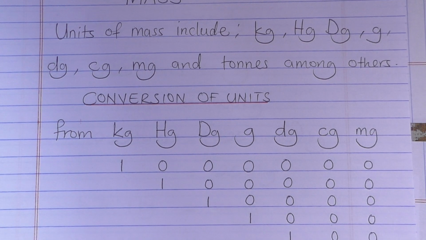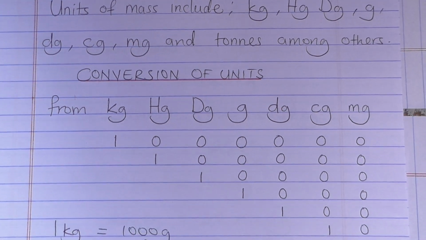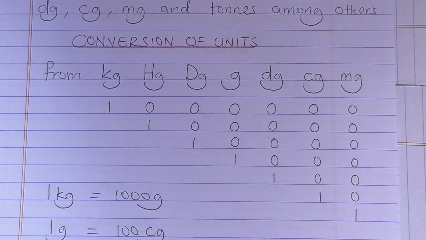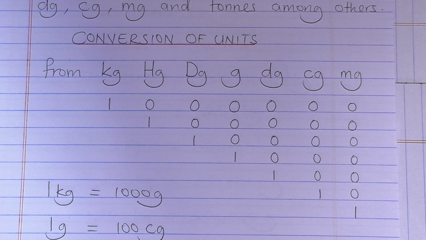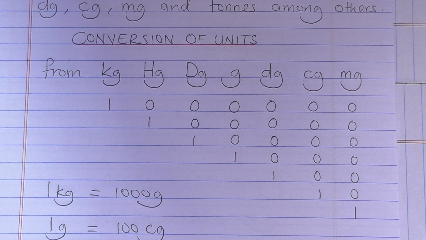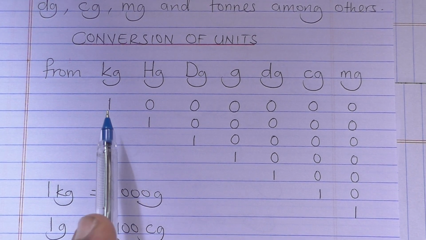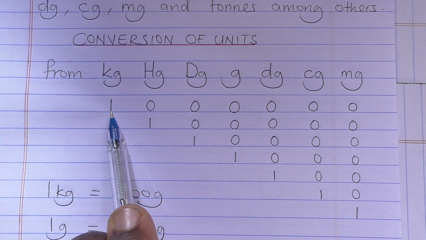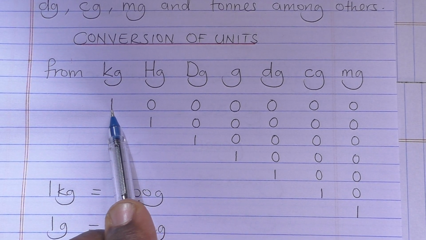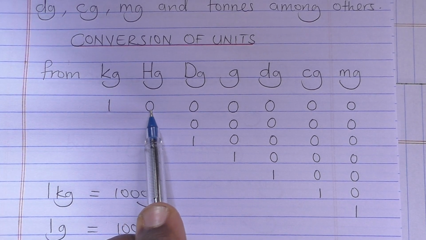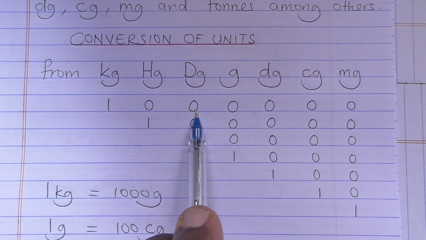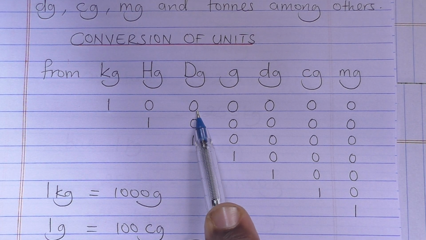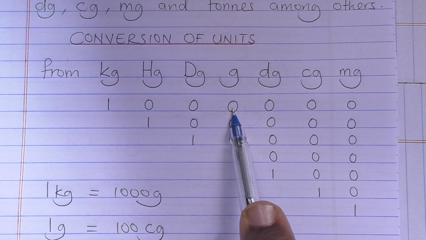Still using our formula of King Hector, your daughter Mary drank cold milk, this one is always used to guide us on how we convert from one to another. So from what I have, 1 kilogram is equivalent to 10 hectograms, and also equivalent to 100 decagrams, and equivalent to 1,000 grams.